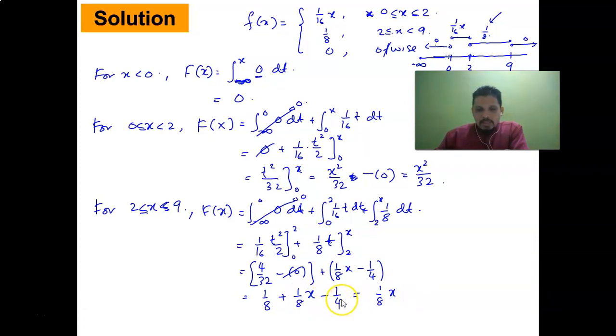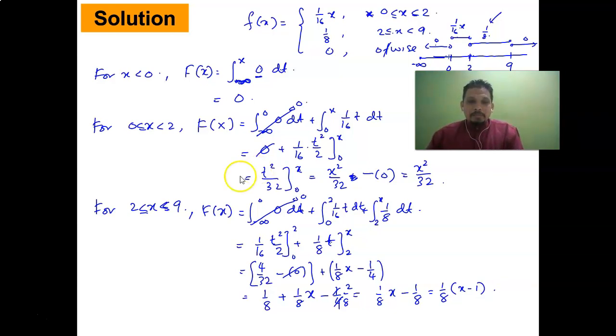Then make this one as a denominator with an 8 here, and this is 2. 2 over 8 simplified as 1 over 4. So 1 over 8 minus 2 over 8 minus 1 over 8, or it is equal to 1 over 8 x minus 1.